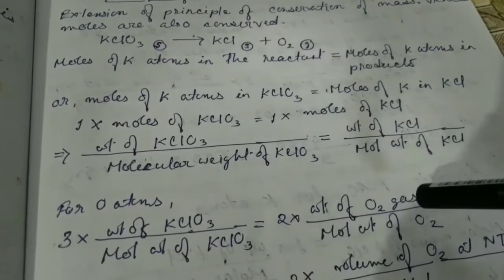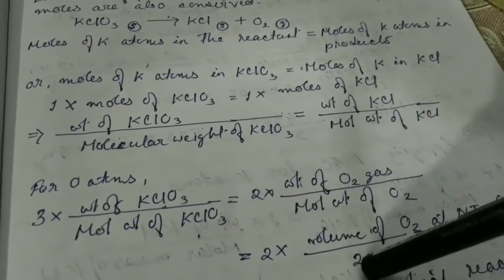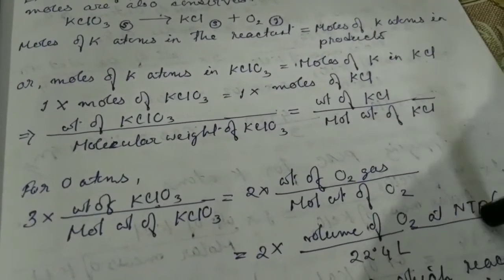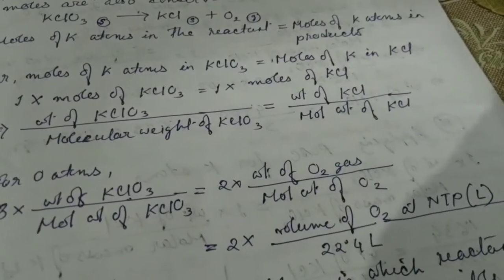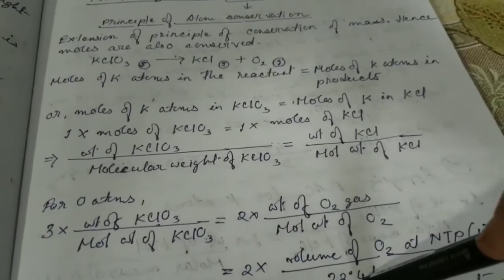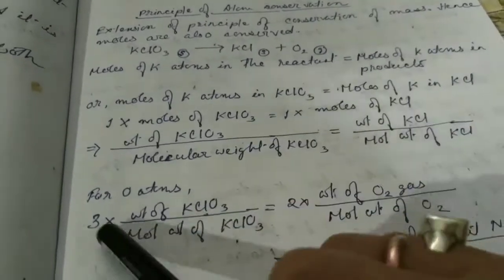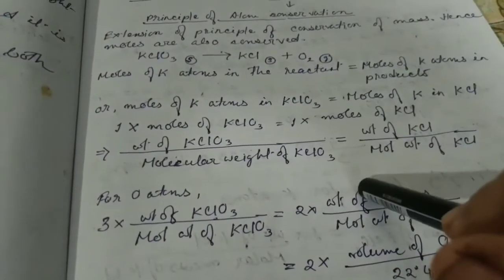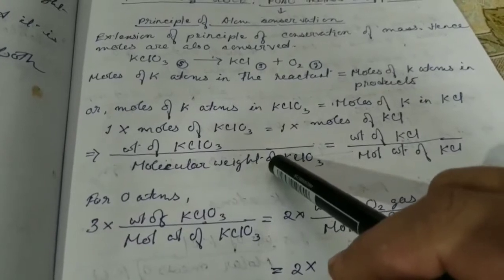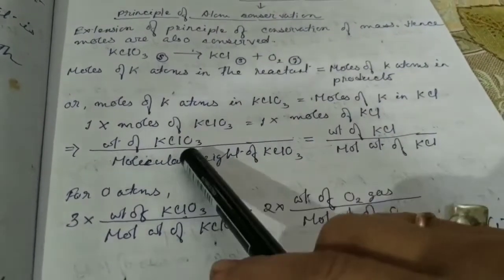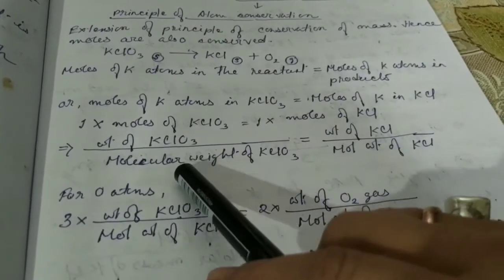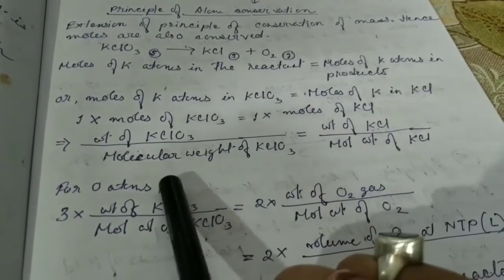Since oxygen is a gas, this mole can also be calculated by the volume of oxygen at NTP in liters divided by 22.4 liters. So by applying this POAC method, we can calculate moles of any of the unknown factors from these relations.